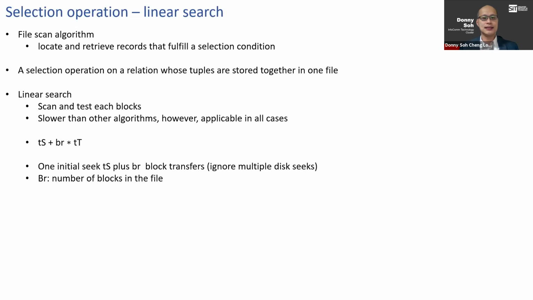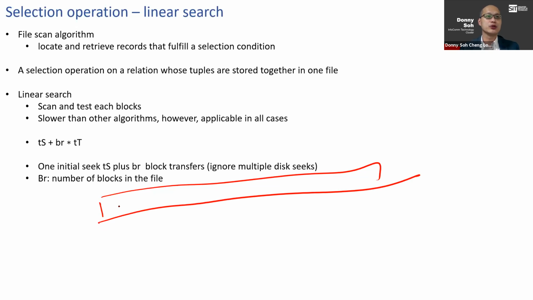So why is that so? It's because, and this is typically the case, I have all of these blocks that belong to that relation. I take T of S to find the start of my first block, and this accounts for the first part.